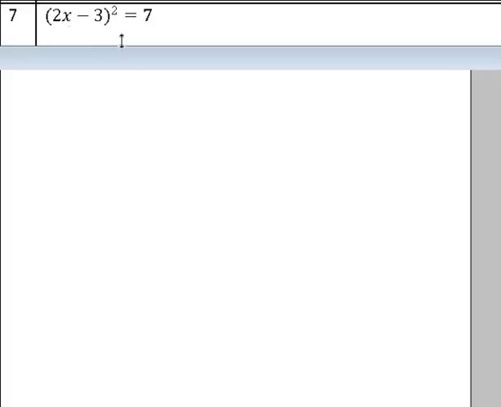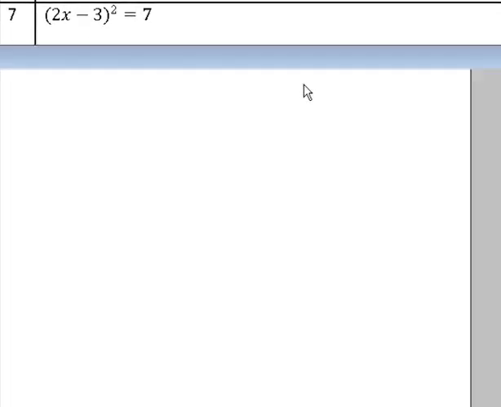Number 7 is a quadratic equation, and it's in the form something squared equal to a number. So we can solve this by taking the square root of both sides. So when something's in that form, some expression in x squared equal to a number, we can take the square root of both sides, or the plus minus square root.